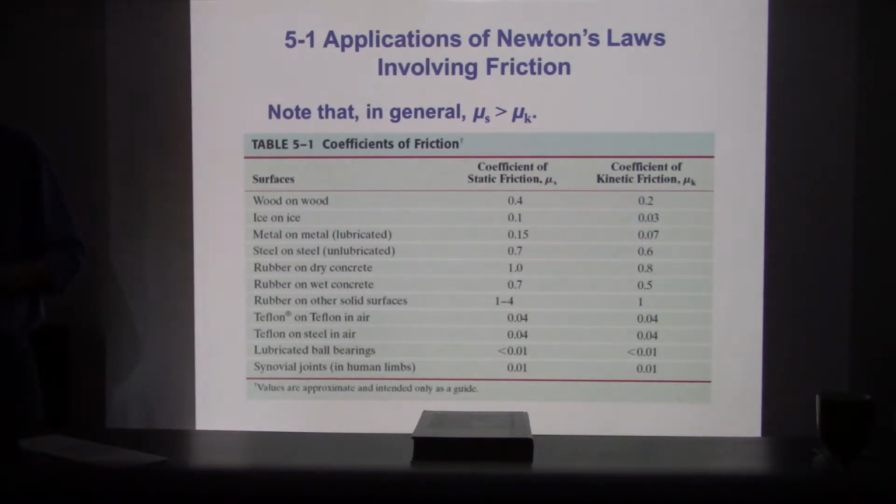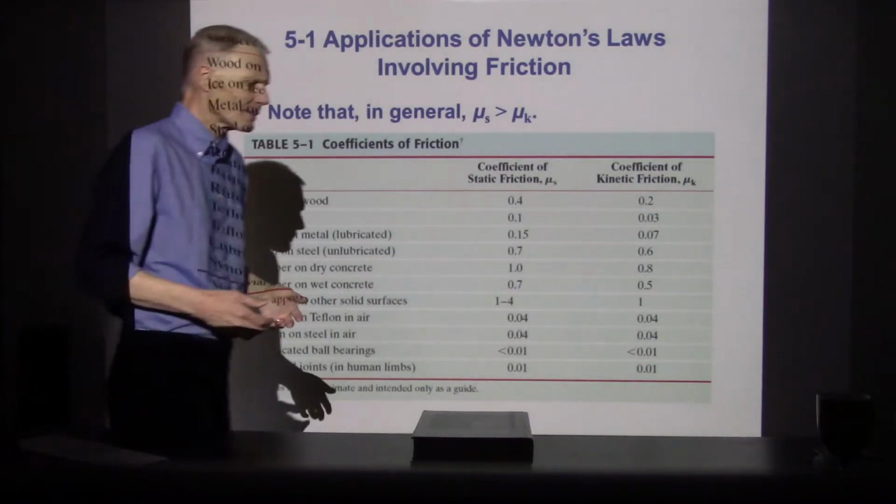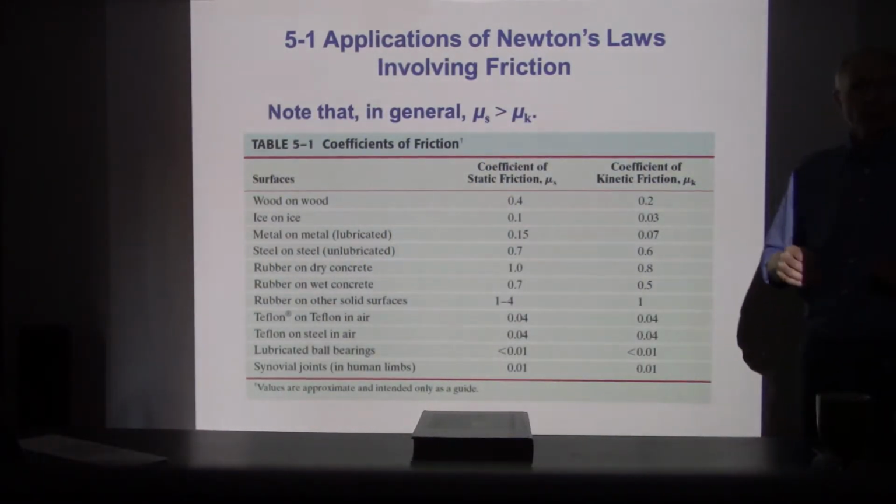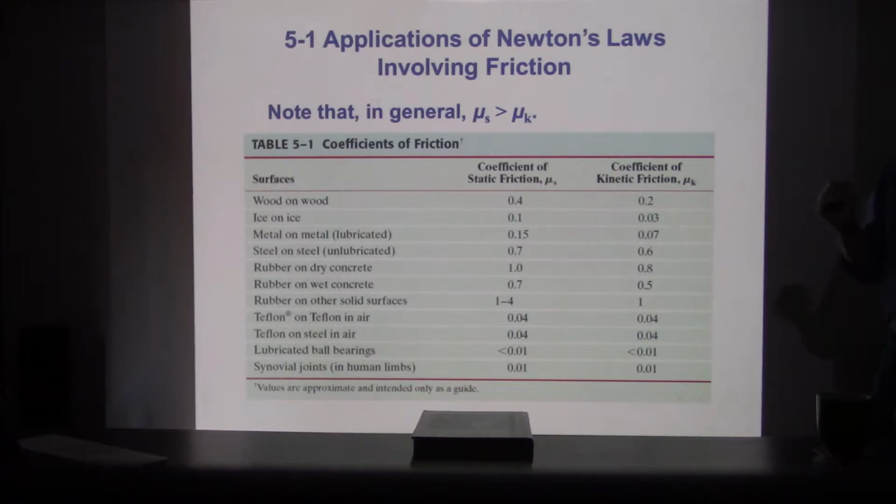If we're spinning our tires on the pavement, that would be kinetic friction, and that's frowned upon. If you go to the DMV and take a driving exam, definitely circle the letter that says, I promise to drive using only static friction at all times. I will never resort to kinetic frictional forces in driving.